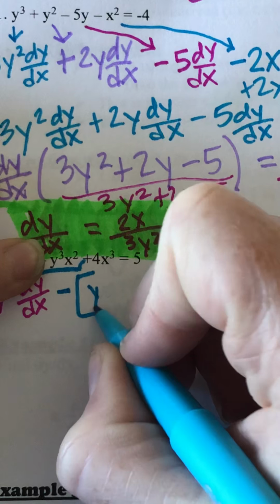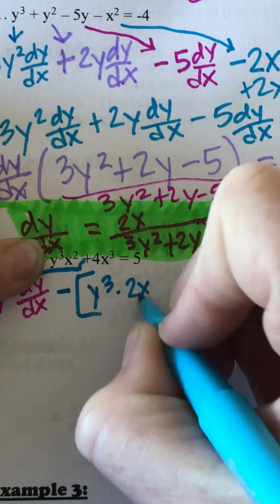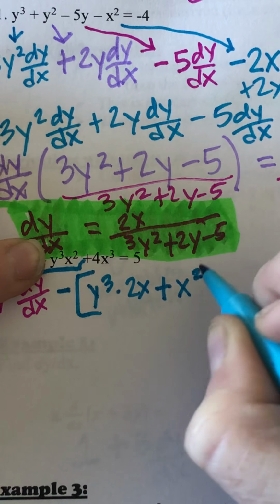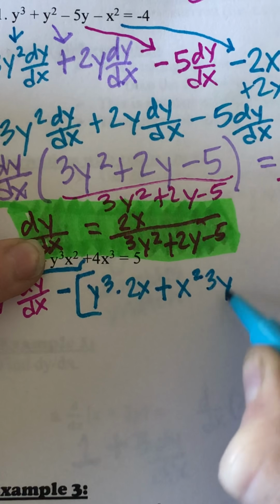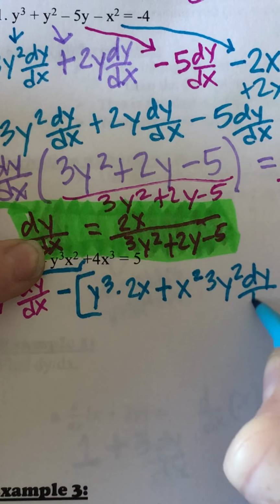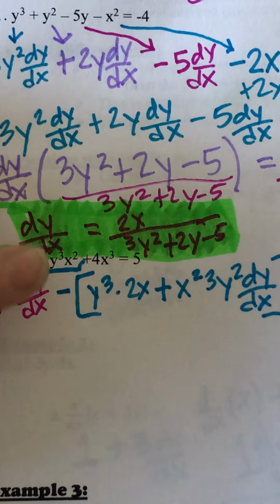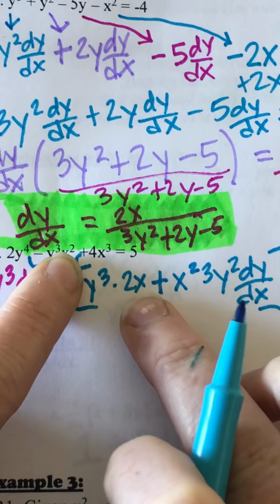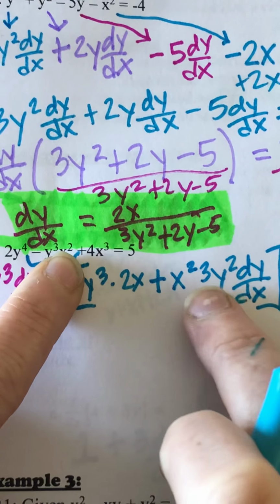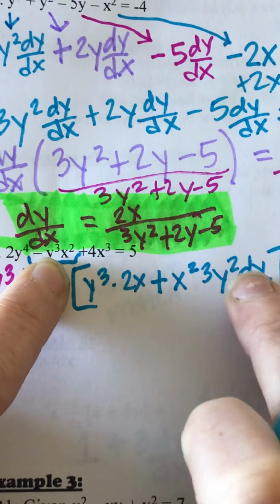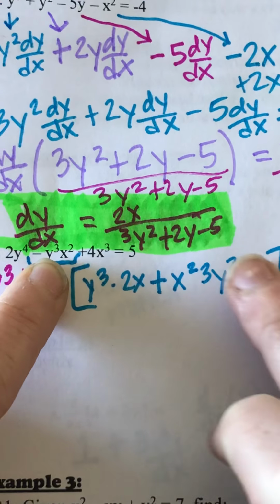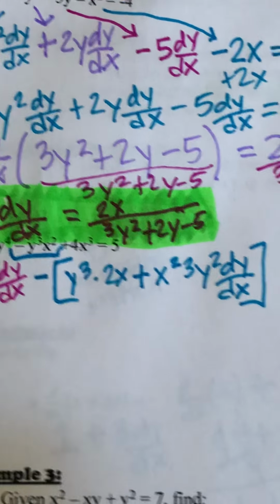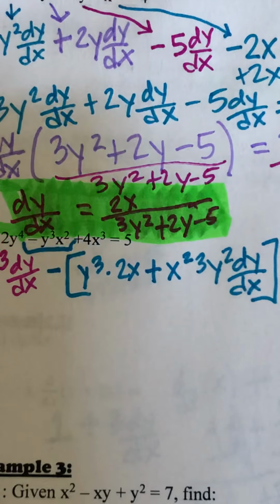So I'll do y to the third times 2x plus back x squared d front, 3y squared dy/dx. So again, that was front d back plus back d front. And that would be 3y squared, since I have a y, dy/dx.